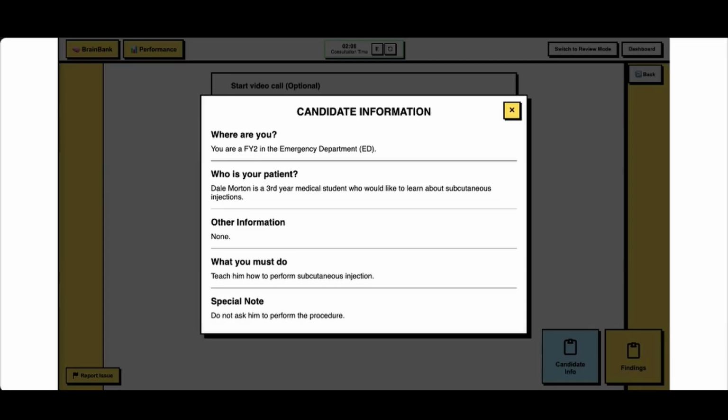I hope that's clear. Yeah. And like any medical procedure we do, it really is a sterile procedure.